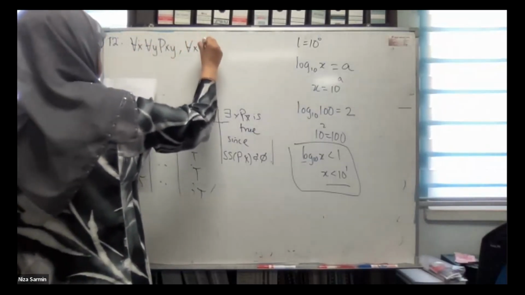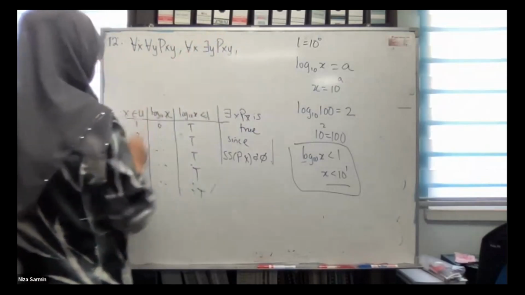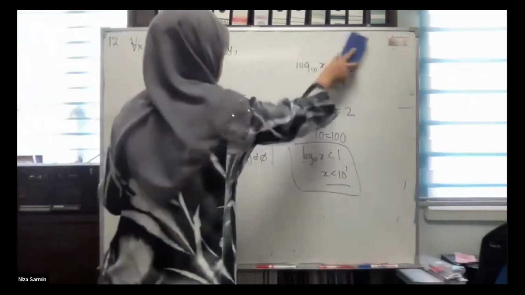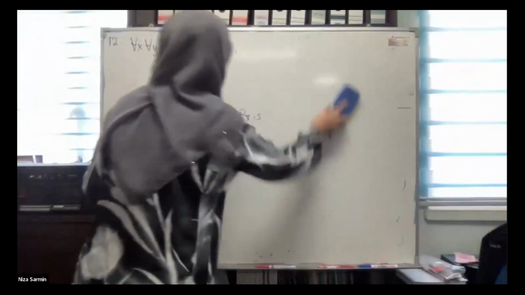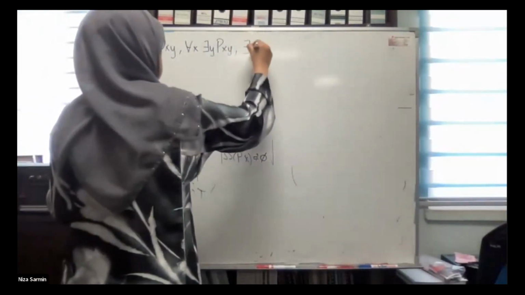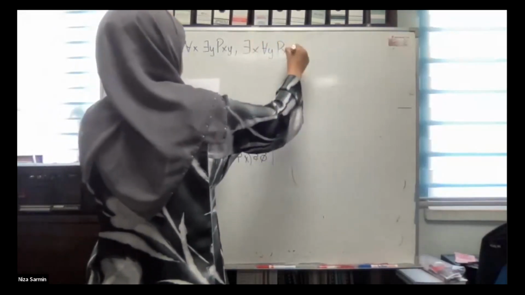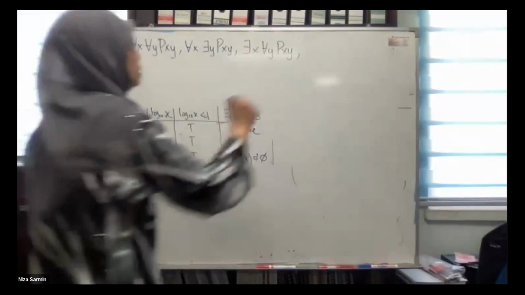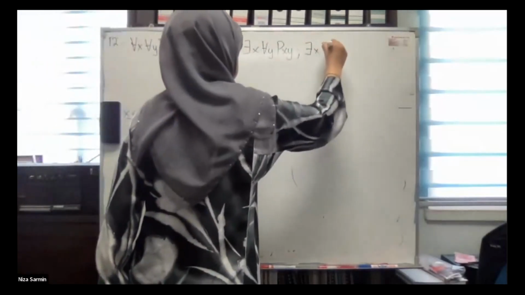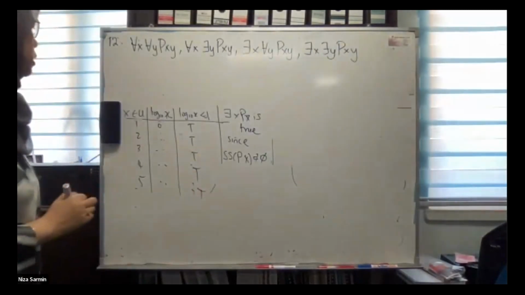For all x, there exists y, pxy. There exists x for all y, pxy. And there exists x, there exists y, pxy.